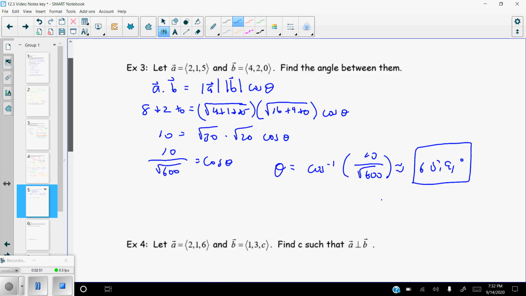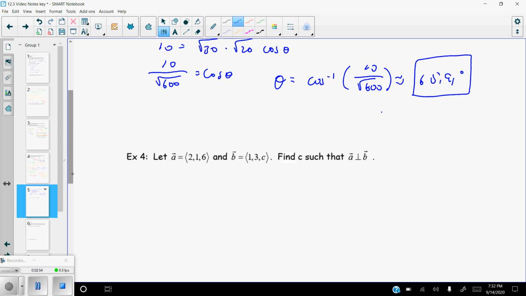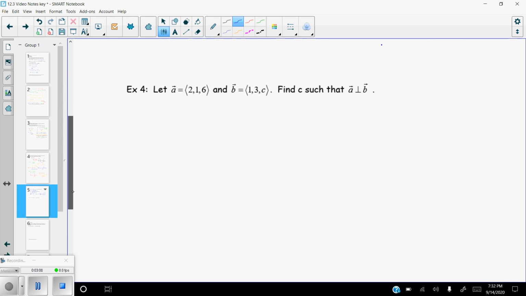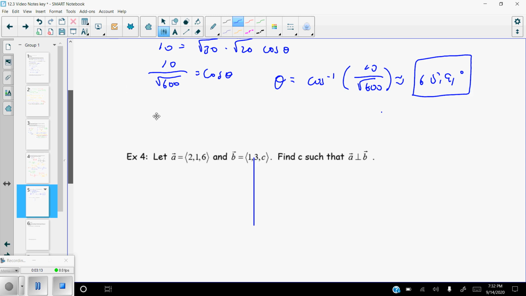Okay, number 4. Let vector A be 2, 1, 6 and vector B be 1, 3, C. We want to find C such that vector A and vector B are perpendicular. Well, we do know that if two vectors are perpendicular, then their dot product has to equal 0. So A dot B is 0.